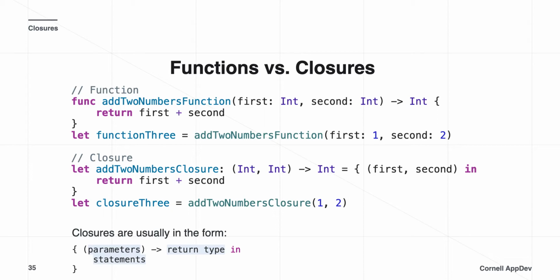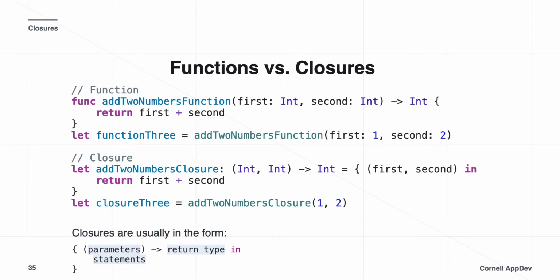But with a closure, the way you set it up is you have these curly braces. You can look at the bottom, closures are usually in that form where you have the curly braces, then the parameters in parentheses, then you use the arrow and indicate your return type, and then you have the in keyword, and after that you write out whatever code chunk you want to run.